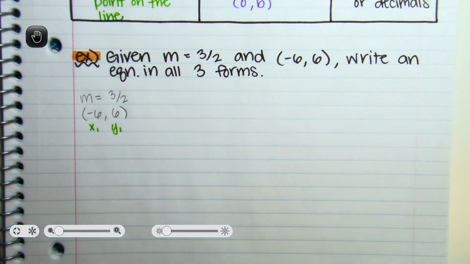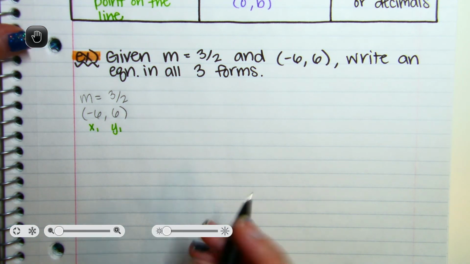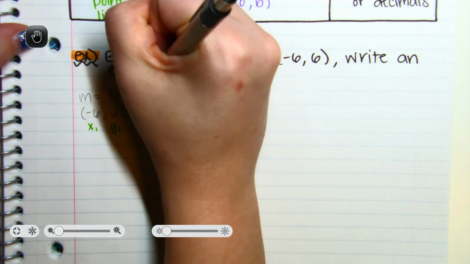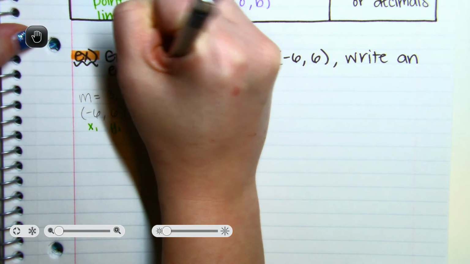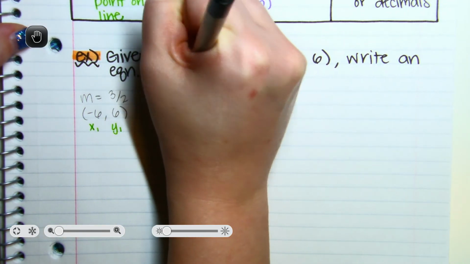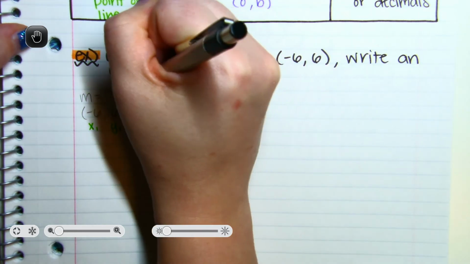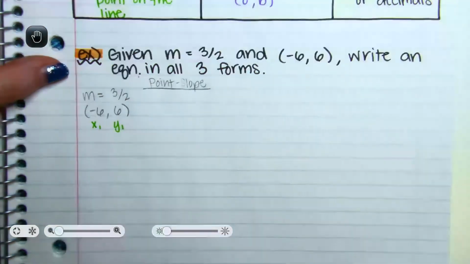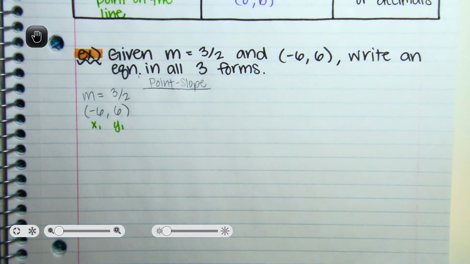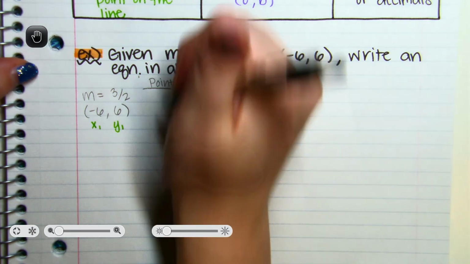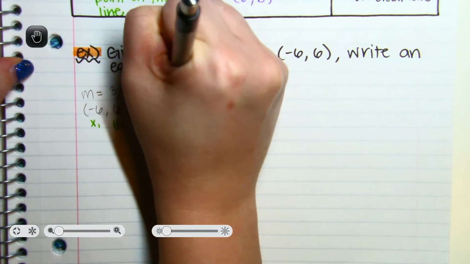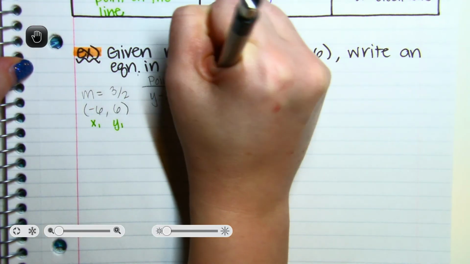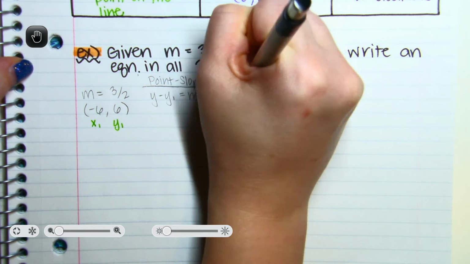All right, so what we're going to do now is first write this in point slope form. So in point slope form, that is the equation y minus y sub 1 equals m times x minus x sub 1.